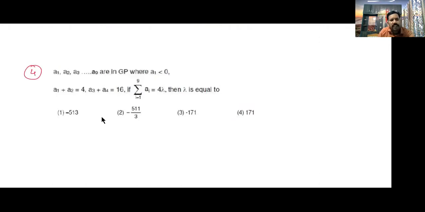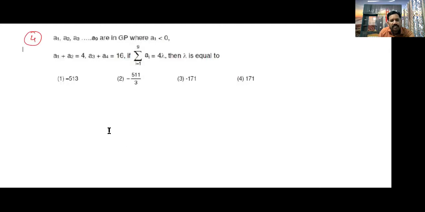A1, A2, A3 and so on up to A9 are in GP. A1 is less than 0. Less than 0 means negative. Here take A1 as a, A2 as ar, A3 as ar square, like this.